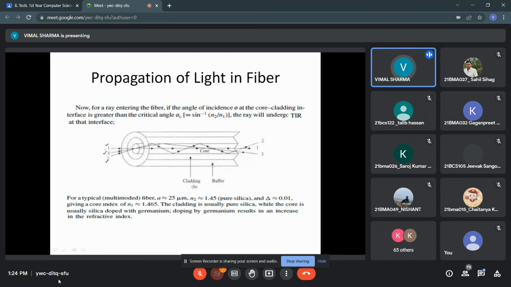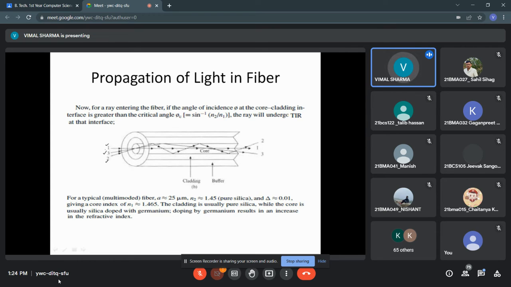I am launching these rays from one end of the optical fiber, and they propagate through it. Ray 1 propagates straight without any total internal reflection, because it never goes to the core-cladding interface. It moves in a straight line along the axis of the optical fiber.